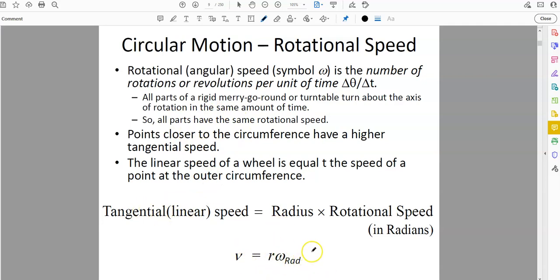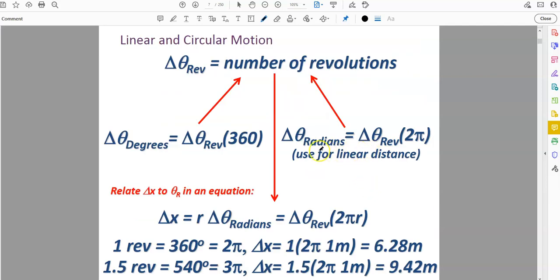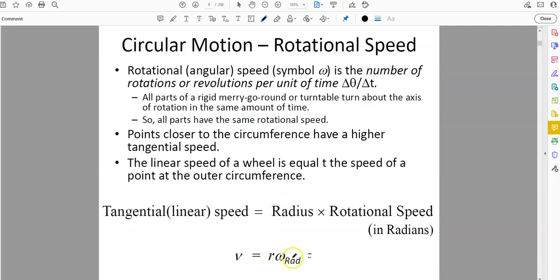If you wanted to have it in terms of rads, incidentally, your books have this. They'll often write R omega. They won't tell you that omega is the radians interpretation of omega, right? Which is going to be then R times 2 pi times omega revolutions, right?